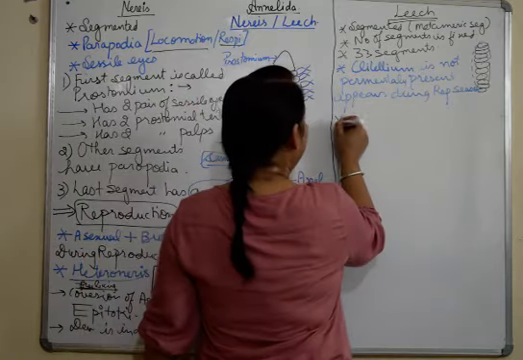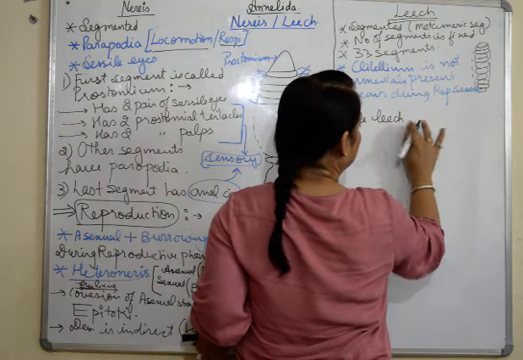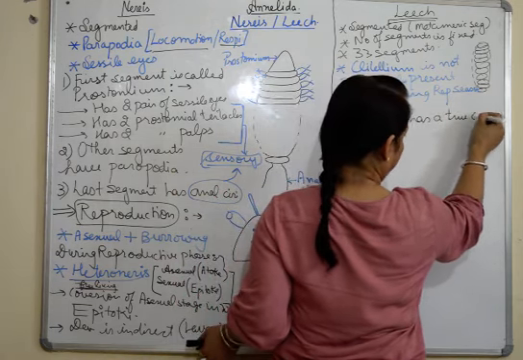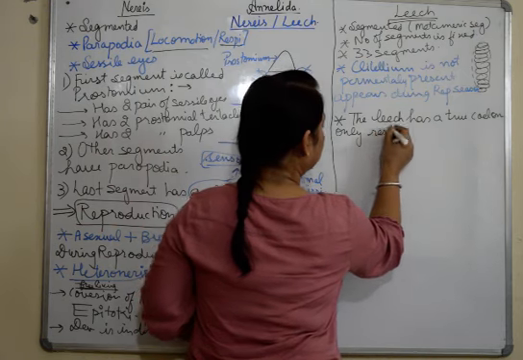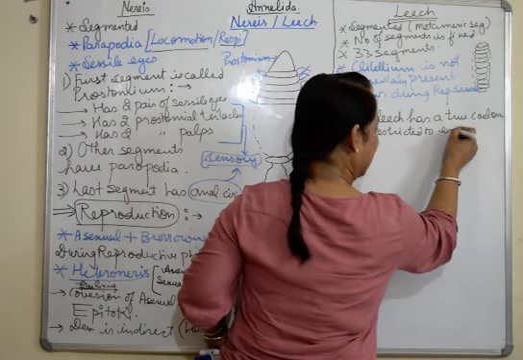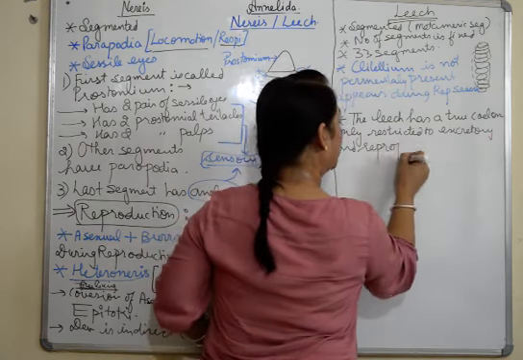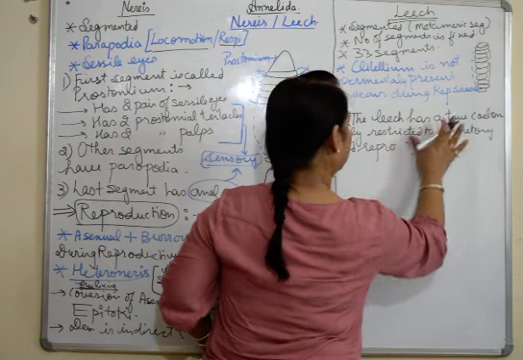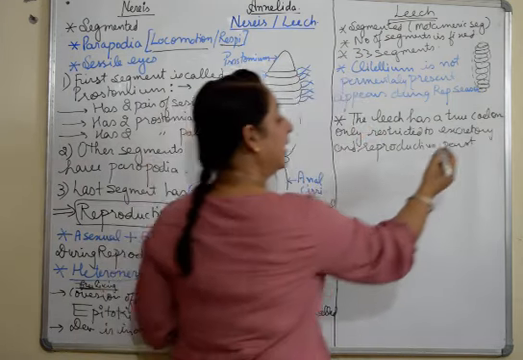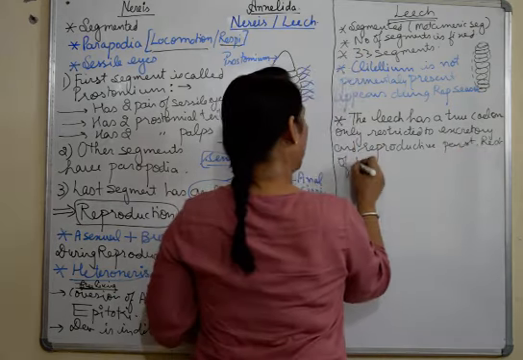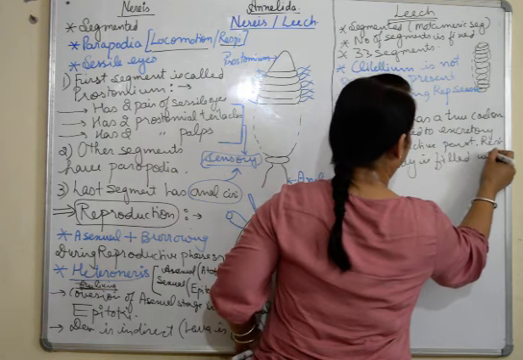The second feature is that the leech has a true coelom, but this true coelom is restricted to the excretory and reproductive parts, and the rest of the body is filled with botryoidal tissue.